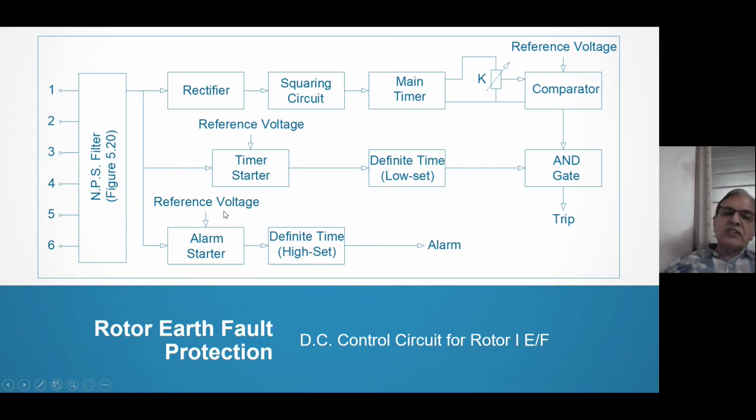But if it crosses 90% of 5% or 70% of 5%, say 3.5 or 4% or 3%, then the alarm is sounded. That means the generator is not in danger, but negative sequence current is flowing. So why is negative sequence current flowing?